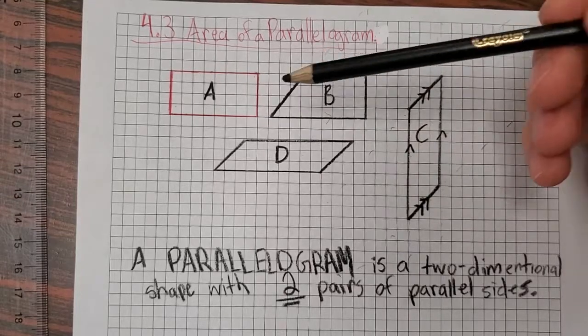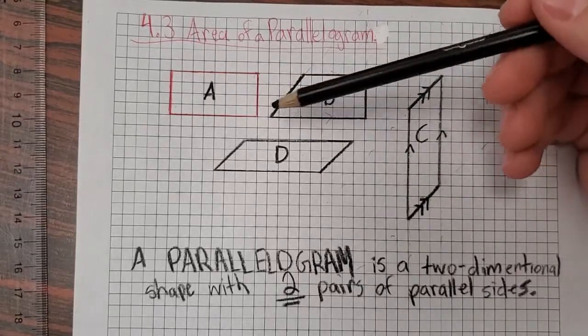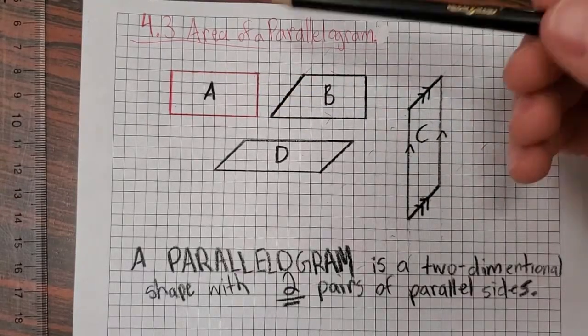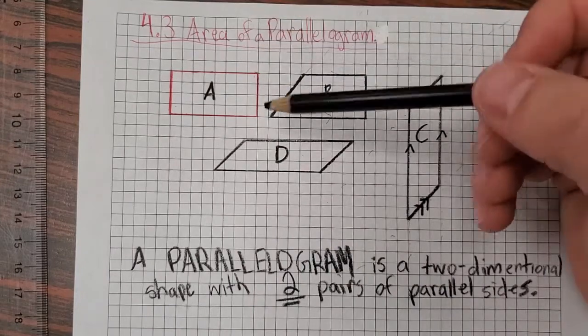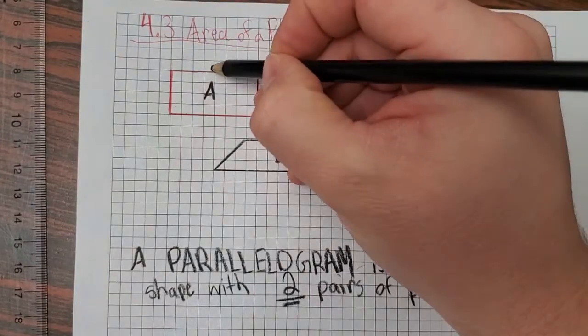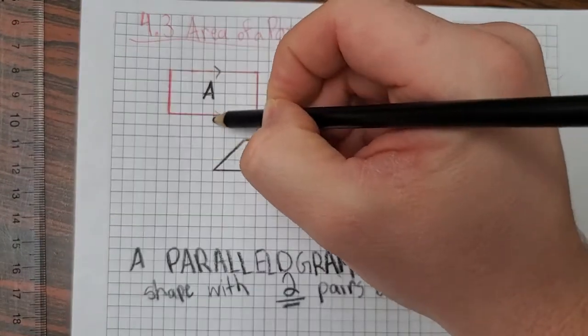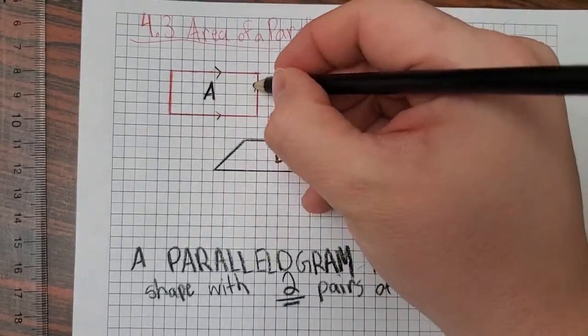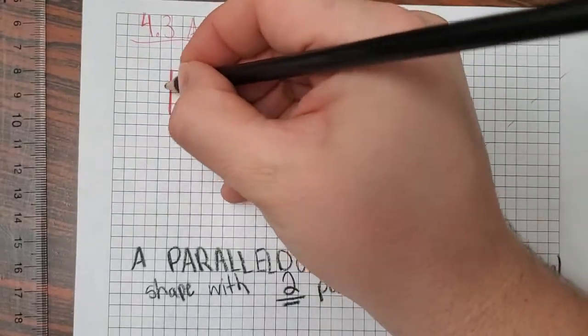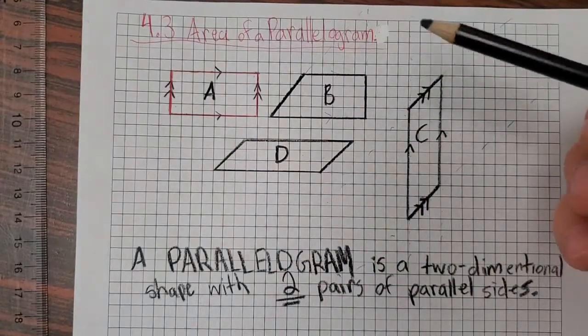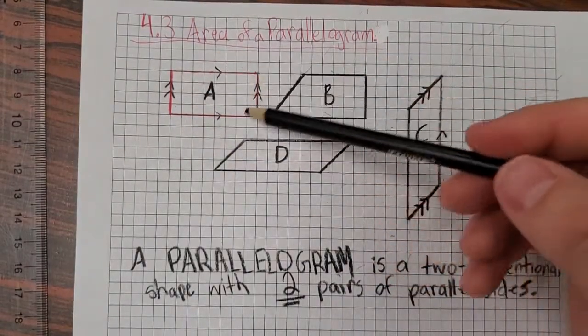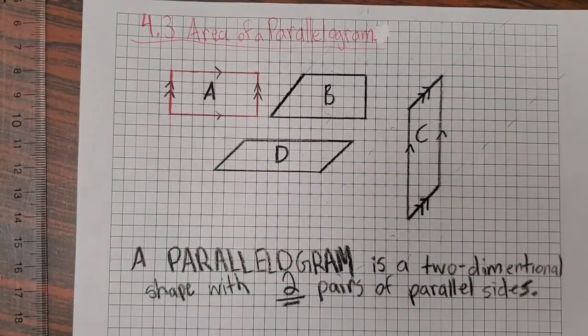Now A, you're looking at that and you're like, that's a rectangle. Well, a rectangle is actually a type of parallelogram. Why? Because the top side and the bottom side are parallel, and the ones on the left and the right are also parallel. So this is a type of parallelogram we know as a rectangle.